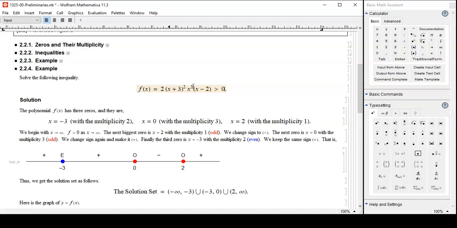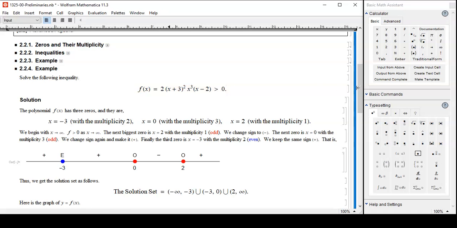Around x equal to 0, it behaves like x to the third power times some number from here to there. So it behaves like a bit of a cubic function around here. So we have sign change. Now, from here, positive, and then crossing this even multiplicity, we keep the same sign, plus hit and bounce back, because around x equal to -3, it behaves like the second power, so quadratic function, times some number.